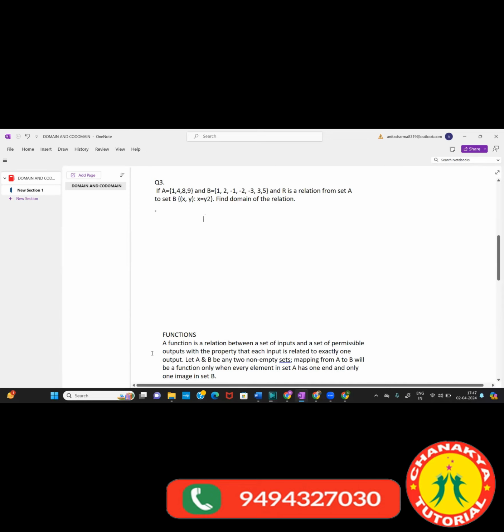See, beta, first. A set is equal to 1, 4, 8, 9 and B set is this and R is a relation.